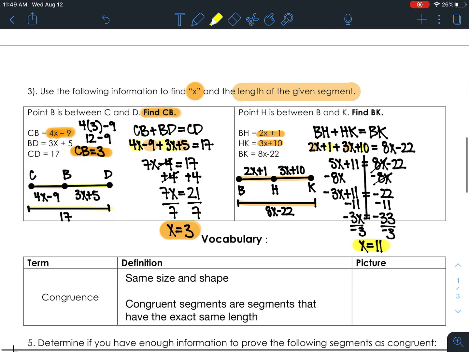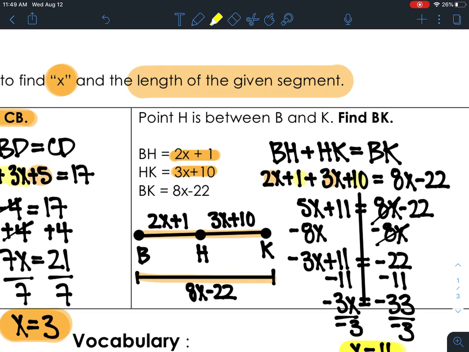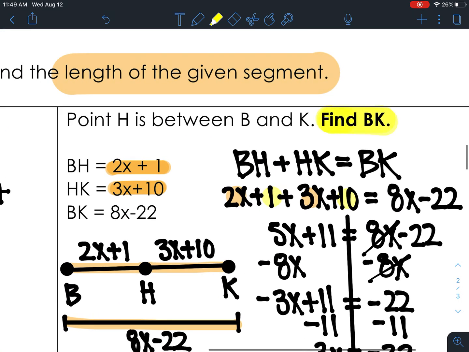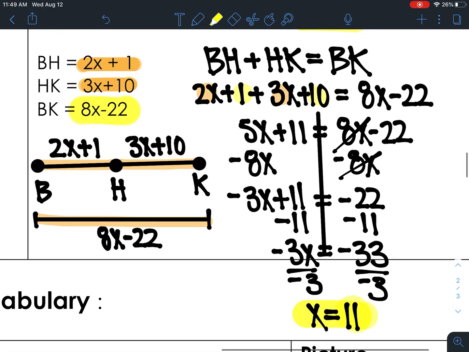Now, it also says to find the length of BK, the numerical value for BK. We're given this expression that BK is 8x minus 22. And if I know what x is, I'm going to take that 11 and plug it into that expression and then simplify.